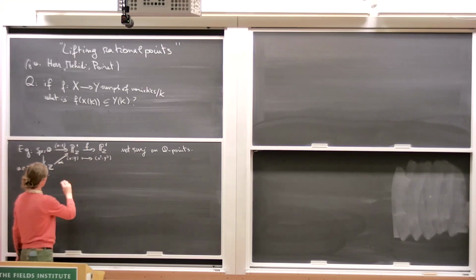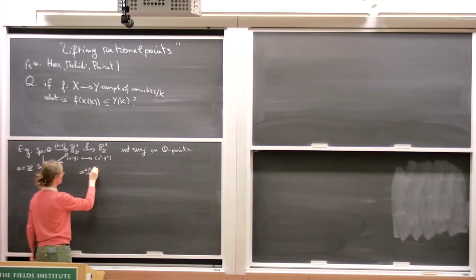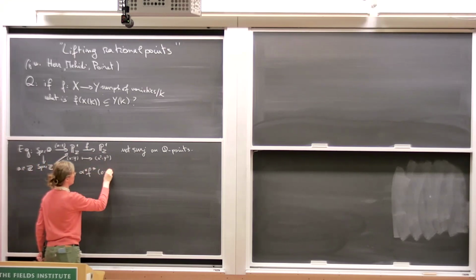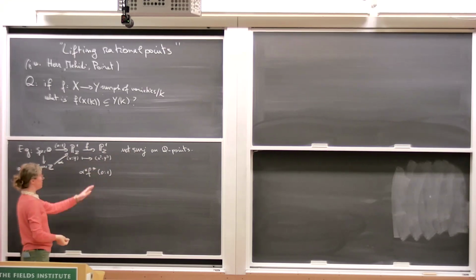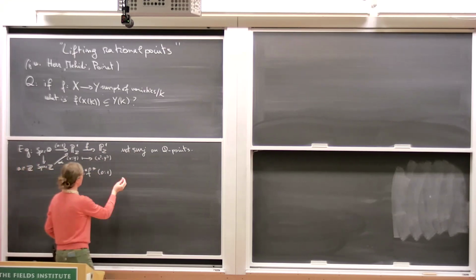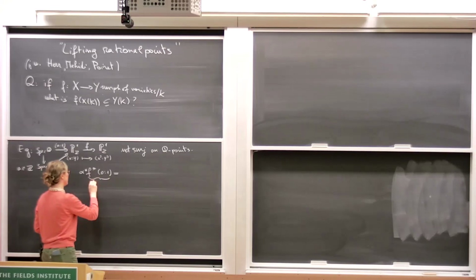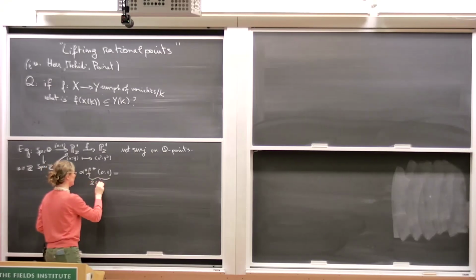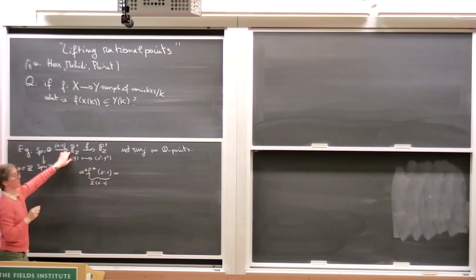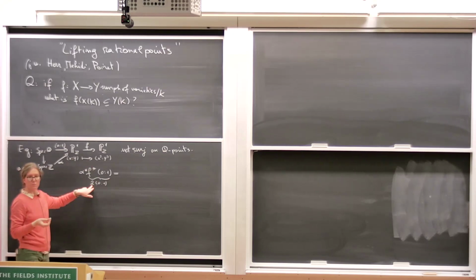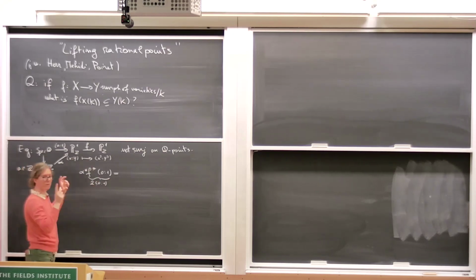What happens here? I can compute the pullback of, for example, (0,1) as a divisor. And this one is 2 times (0,1), just because I'm taking squares. And then this 2 is going to be remembered. That is what makes my squares coordinates.